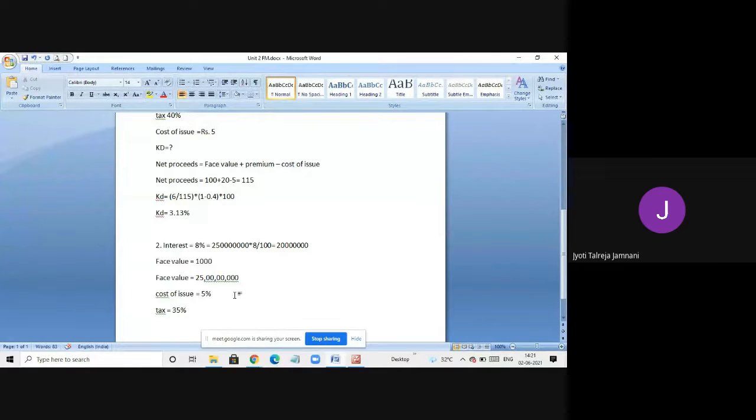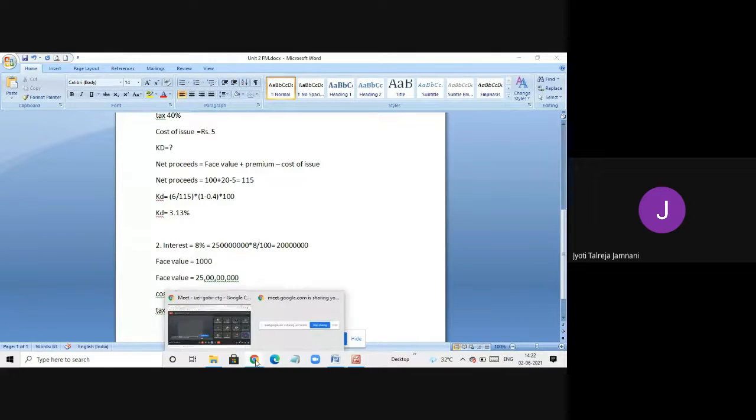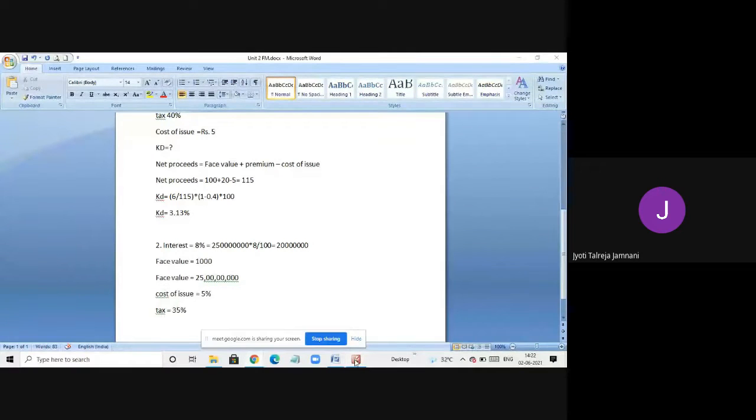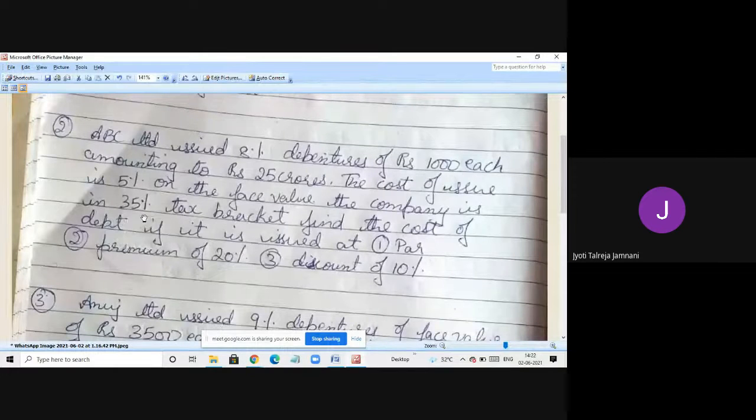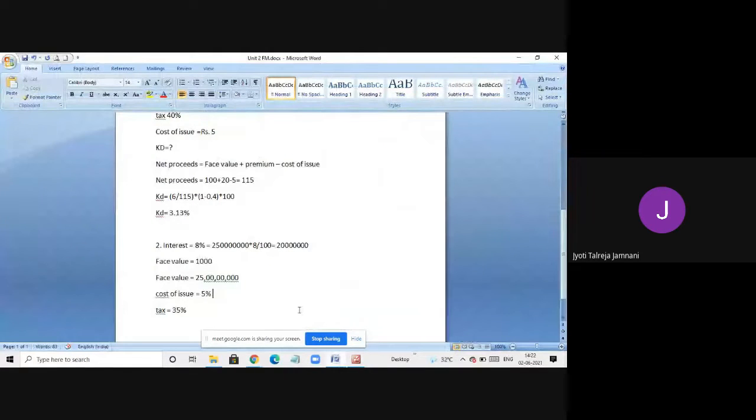And then cost of issue is 5% of the face value. 5% on the face value, correct? So 5% of 25 crores we have to find. 1 crore 25 lakh, ma'am. So 25 lakh. So that is the cost of issue.